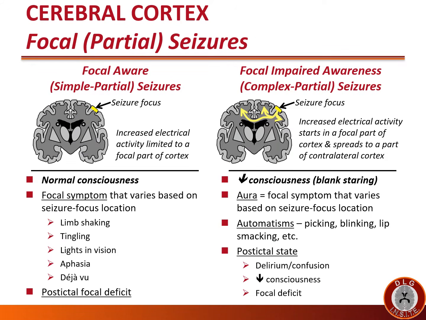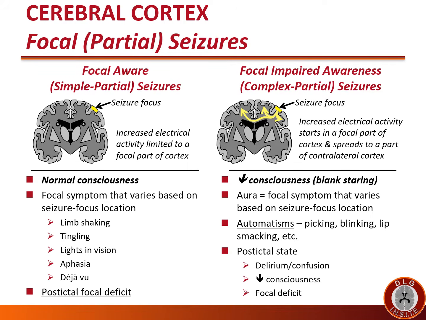There are two types of focal seizures, focal aware and focal impaired awareness. Focal aware seizures, formerly known as simple partial seizures, occur when there is increased electrical activity limited to a focal part of the cortex. In this type of seizure, the patient has normal consciousness and has a focal symptom that varies based on the seizure focus location.